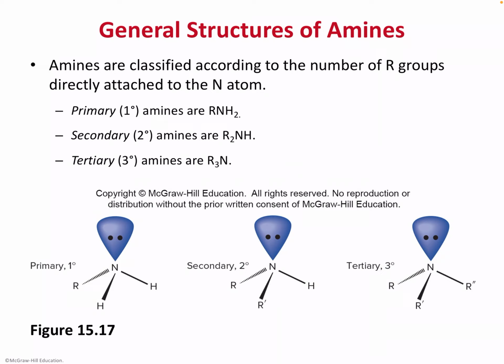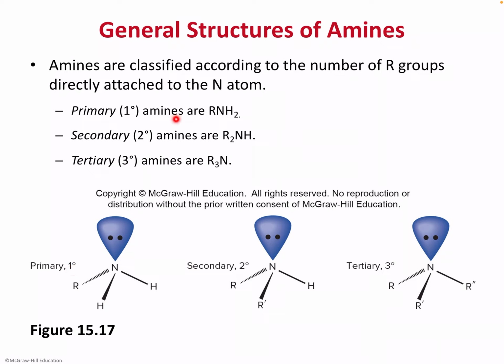Amines can be classified according to the number of alkyl groups directly attached to the nitrogen atom. So this is your nitrogen atom. Nitrogen will be attached to the carbon and this nitrogen can have hydrogens on it. If you have hydrogens on it, we call it a primary amine.